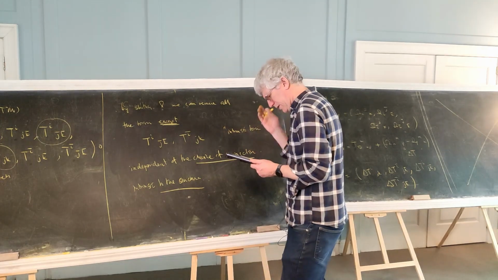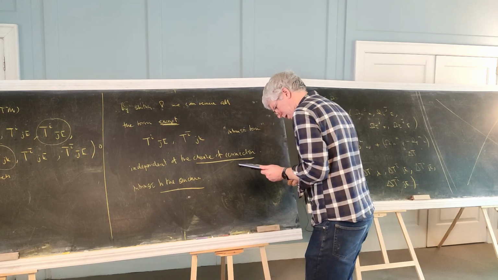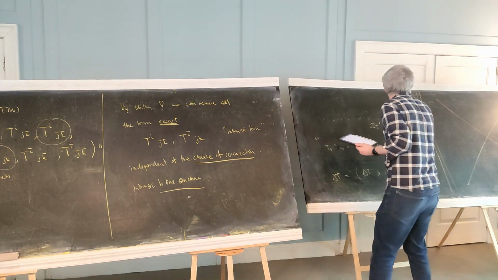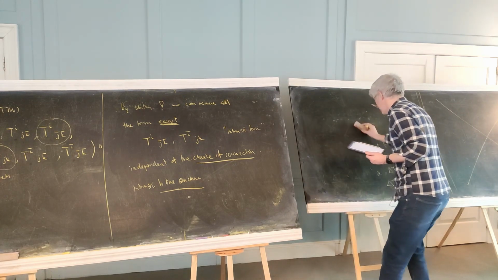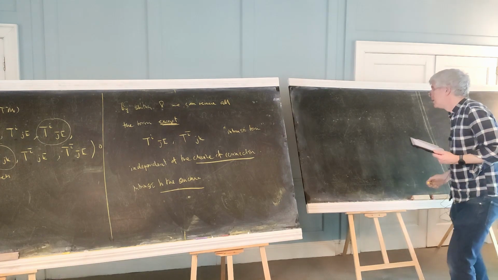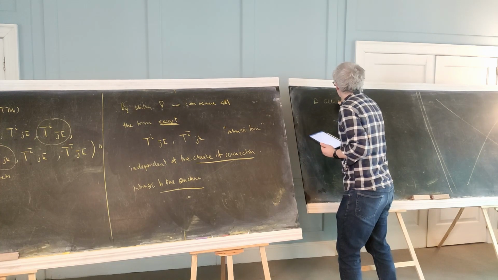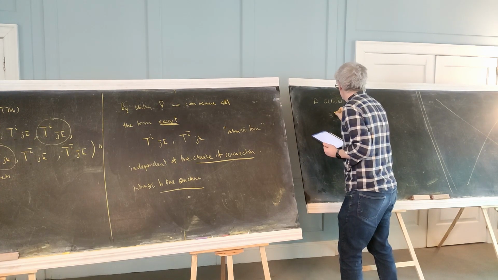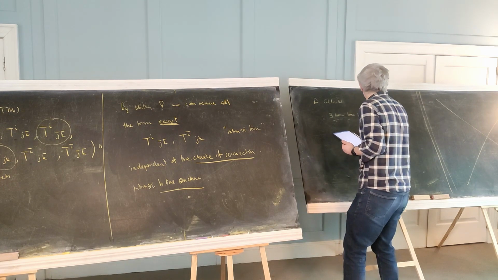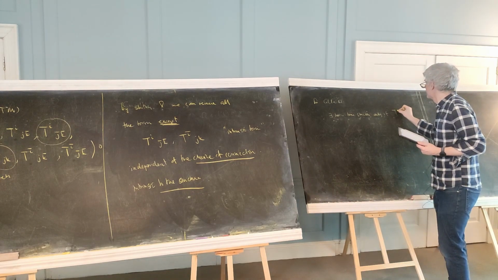Okay, so for GLNC, there exists a torsion-free structure only if these components vanish.